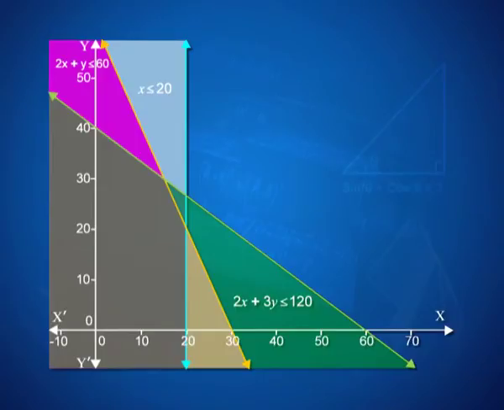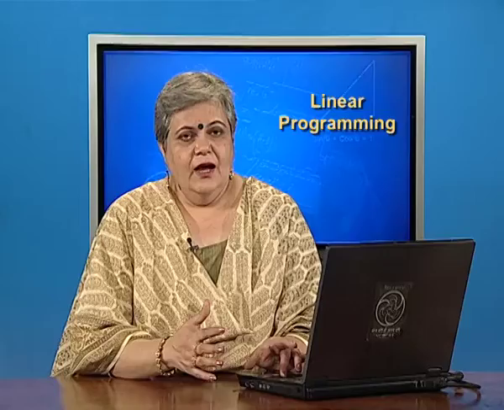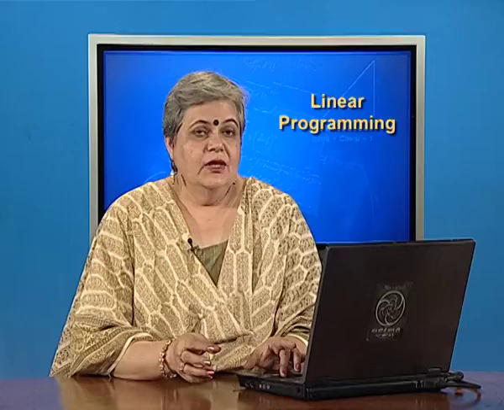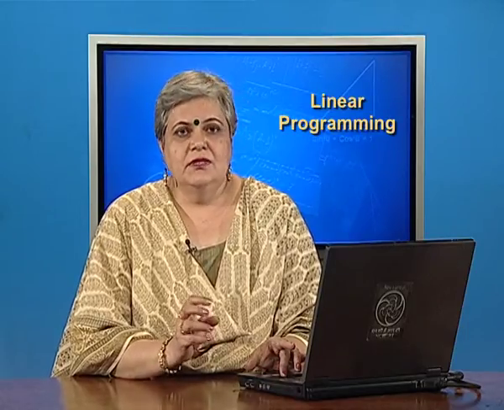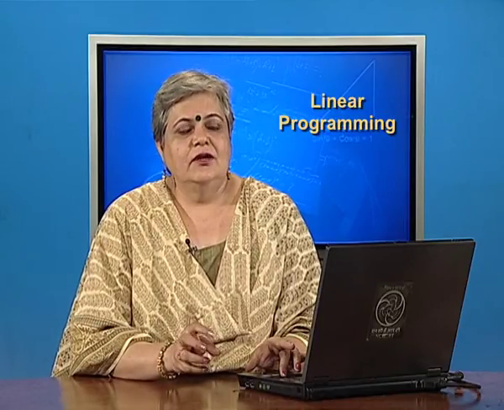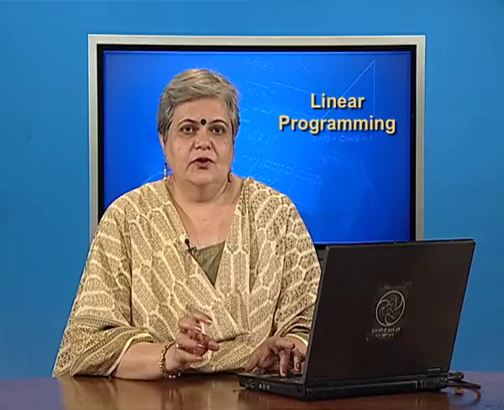The common feasible region would be the one where all the 3 are intersecting. At the same time, I also have to consider the non-negative restrictions, that is x and y greater than equal to 0. Therefore, the common feasible solution region that I am looking at gets restricted to the first quadrant.